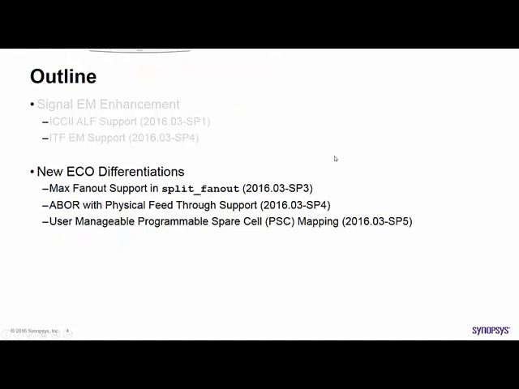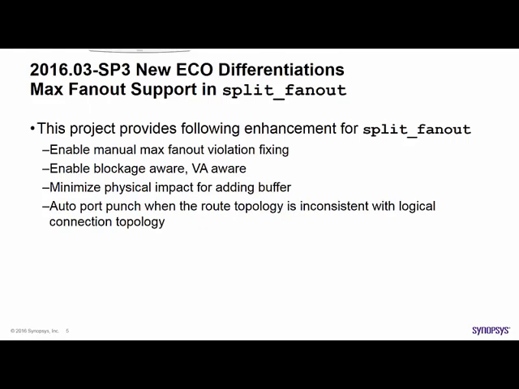Next, we'll be talking through the new ECO differentiation features introduced in the latest ICC II Compiler 2 release. First project is max fanout support in split fanout. This project provides several enhancements for the command split fanout.